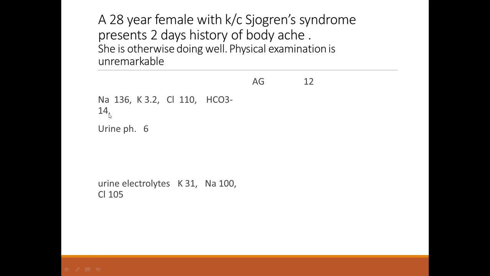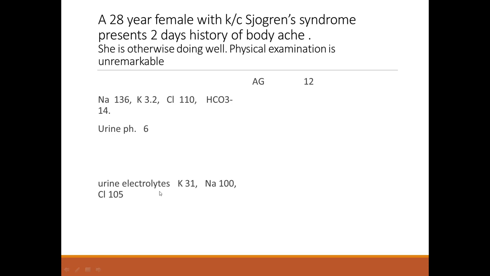So we can get the clue from the scenario, and then we can see the low bicarbonate. This is usually encountered with normal renal function, but renal function is not given over here. But usually we find the normal renal function and the low bicarbonate. So the low bicarbonate with the low potassium is suggestive of renal tubular acidosis, and we know we find the serum anion gap is normal, and the urine anion gap is positive. But how do we calculate the urine anion gap?